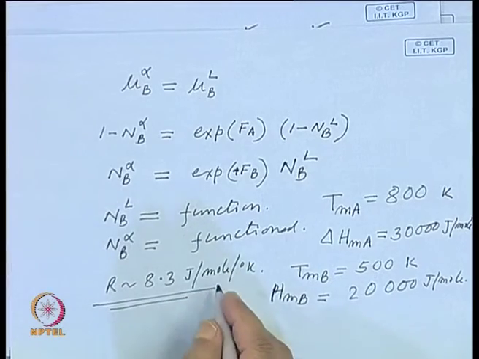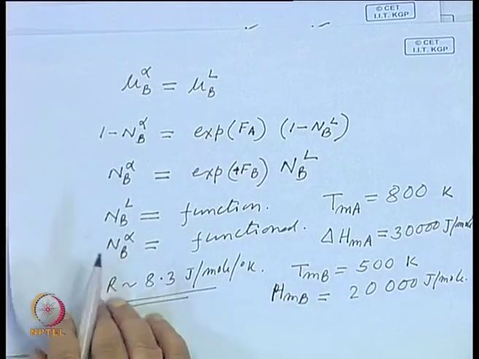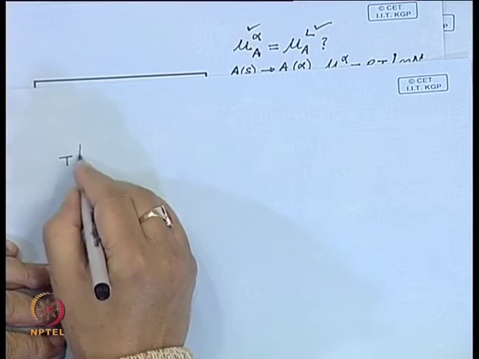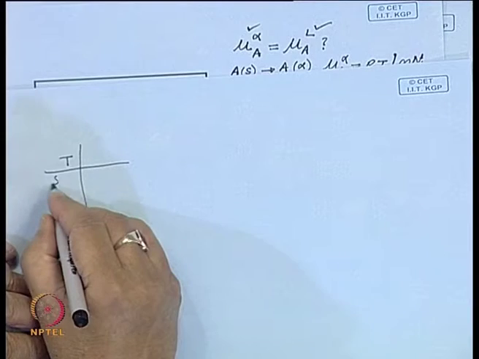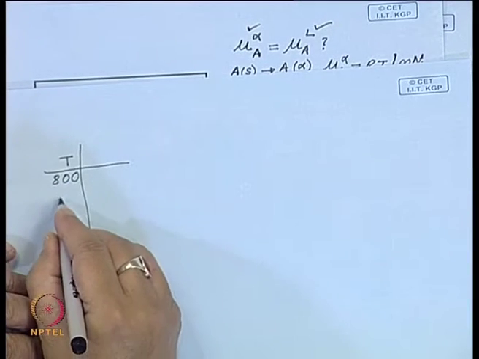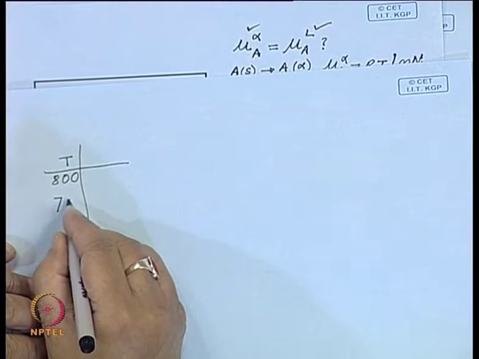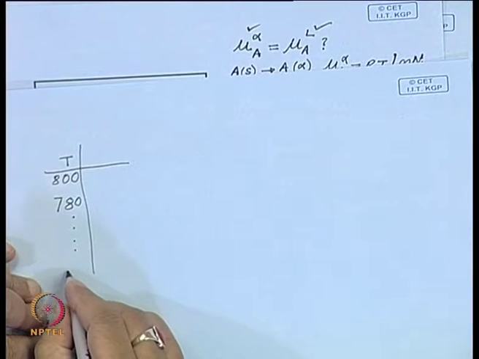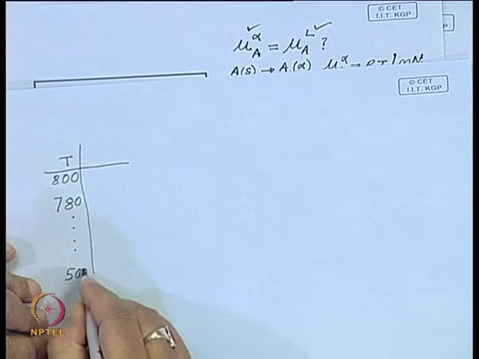So, everything is known. So, what you can do is set up a spreadsheet and you calculate for various temperatures. Set up a table for T, it starts with 800, so maybe 20 degree interval, come down to 500.